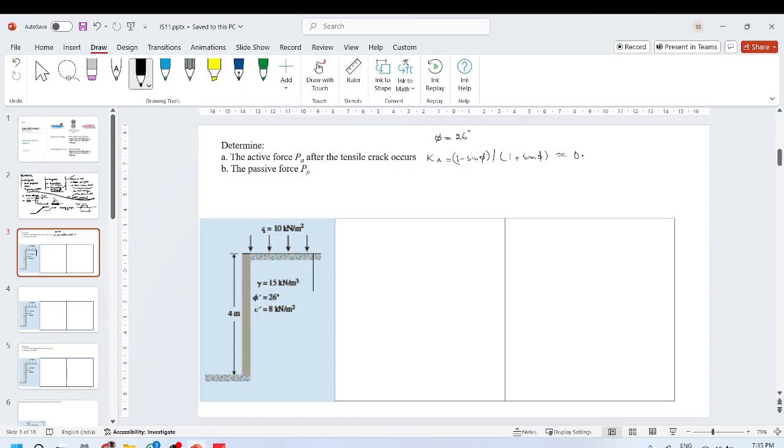This comes out to be 0.39. We can calculate Kp, 1 by Ka, which comes out to be 2.56. Okay.